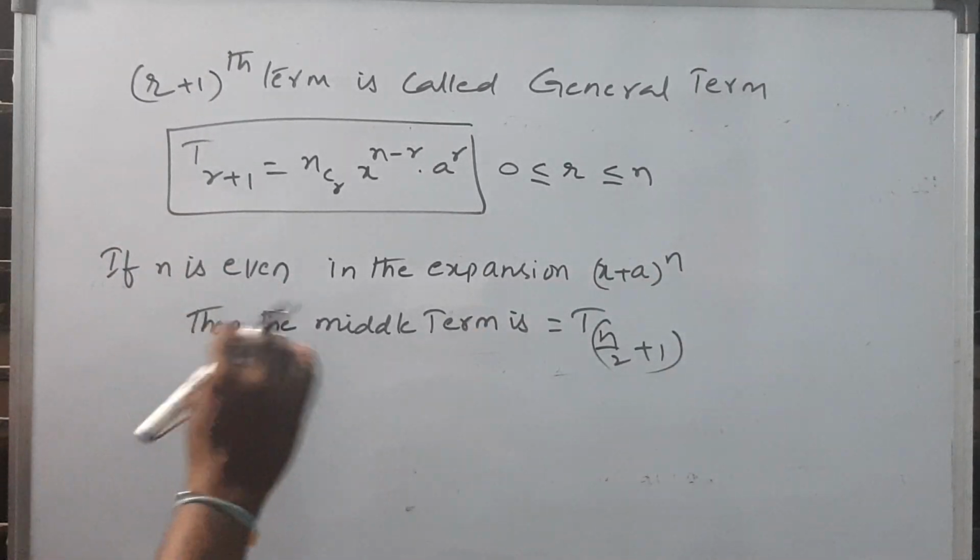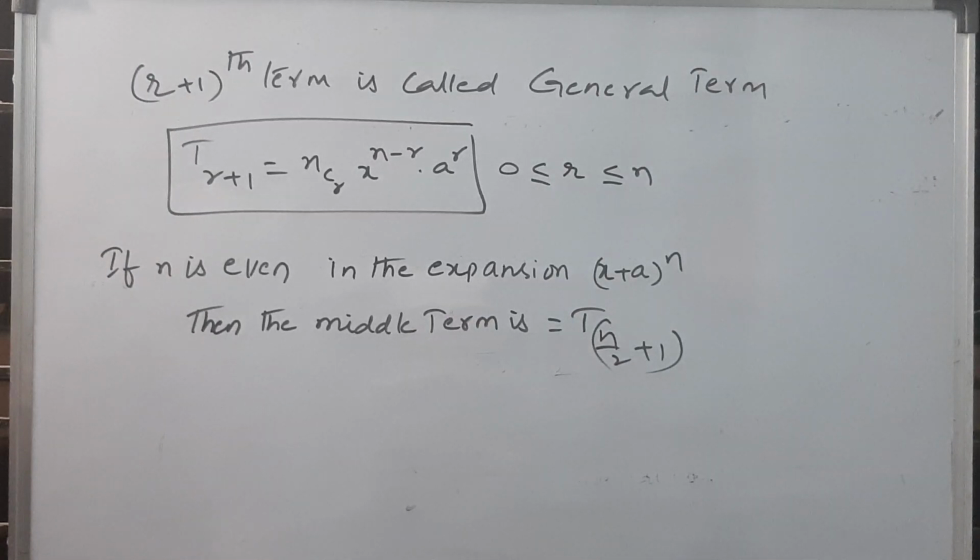If n is even, then the middle term will be T(n/2 + 1). This is the middle term.